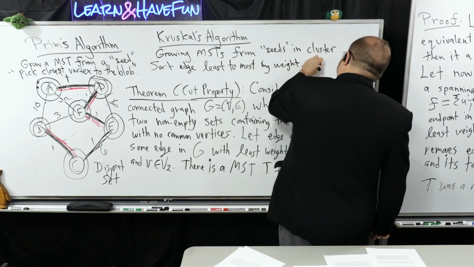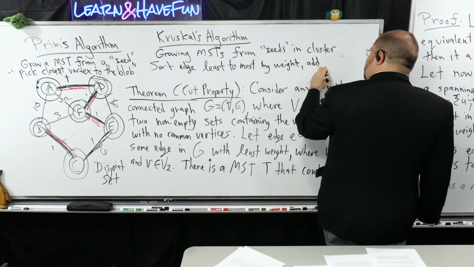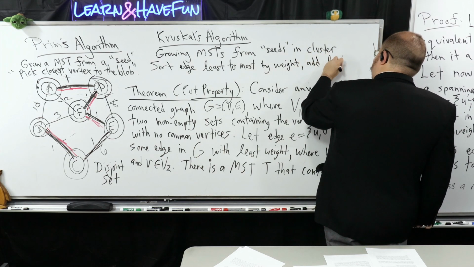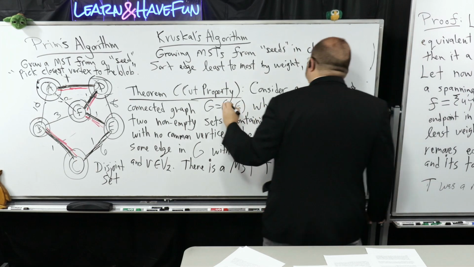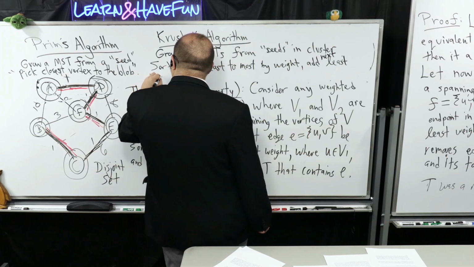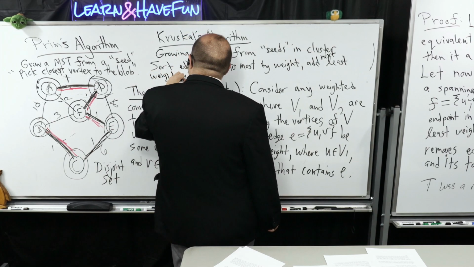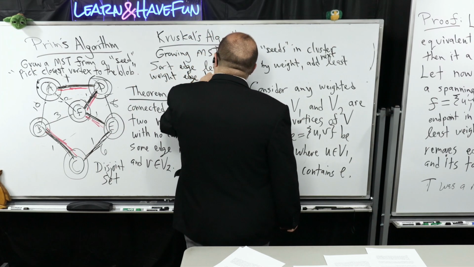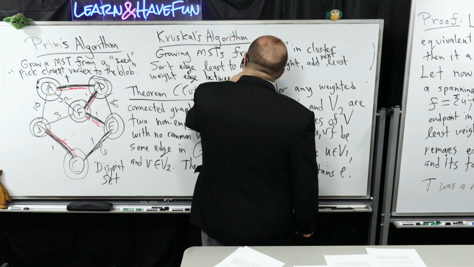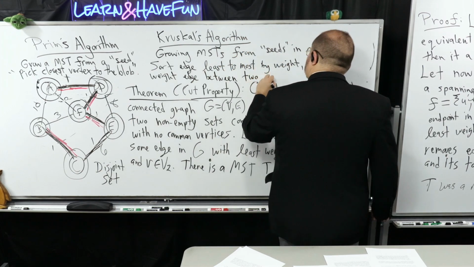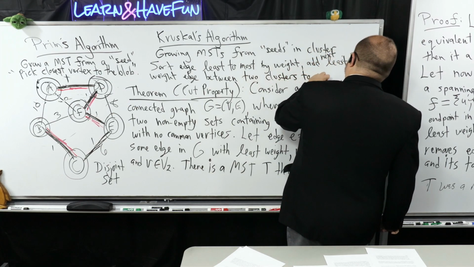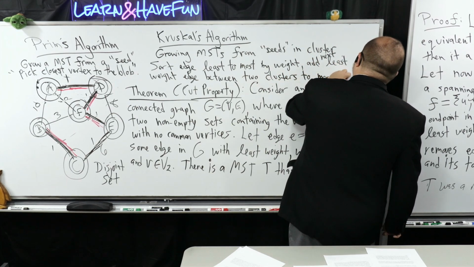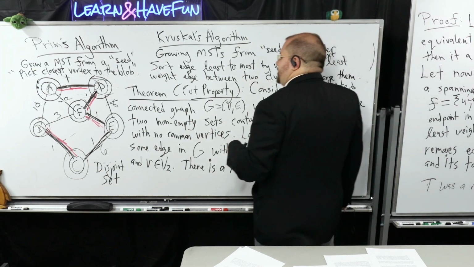Then you add the least weight edge, then add the next least weight edge between two clusters to merge them. So that's how this is going to work.